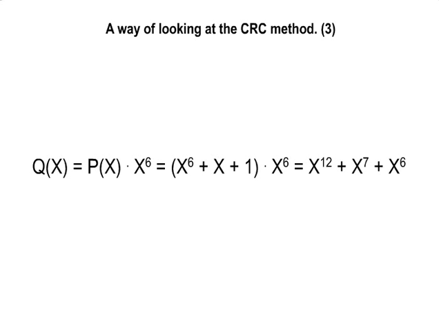The highest level term x to the power of 6 of g(x) is multiplied by p(x), and the result expressed as q(x). Q(x) equals p(x) asterisk x to the power of 6 equals x to the power of 6 plus x plus 1, asterisk x to the power of 6 equals x to the power of 12 plus x to the power of 7 plus x to the power of 6.